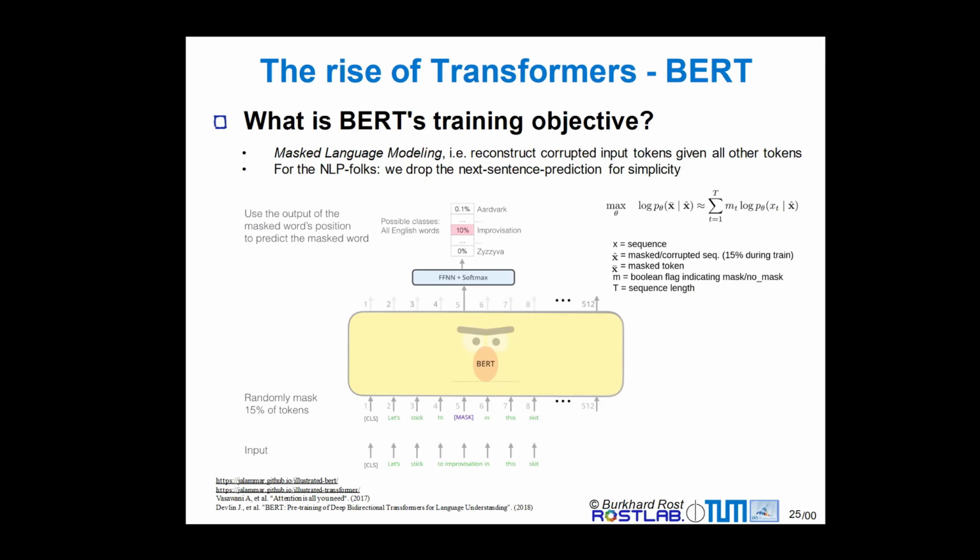In practice, for a given input protein sequence of length L, 15% of the tokens were randomly replaced by a special token. This corrupted sequence is then fed to the transformer model, and the objective is to reconstruct the corrupted tokens from the non-corrupted context. So 85% of your sequence stays the same.